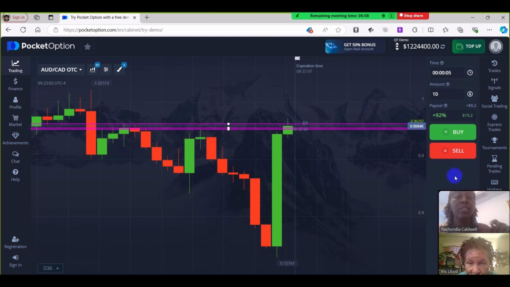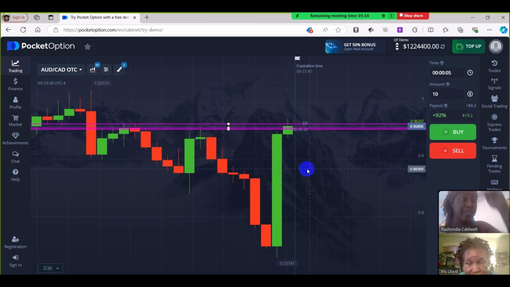The reason is that this line rejected the first line and went back down on these candles over here. You see what I'm saying? And the second line, the current candle is already above the second line. So if it comes back down to it, it's probably going to jump off of that second line and come back up. So right now, it's playing in between the first and the second line.